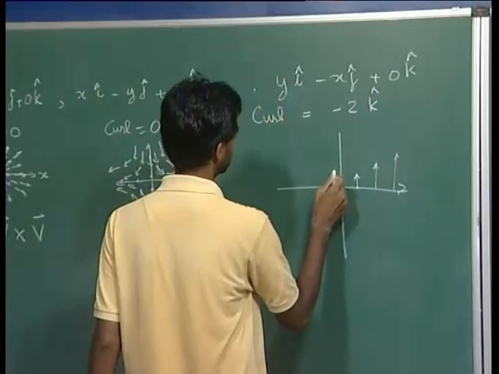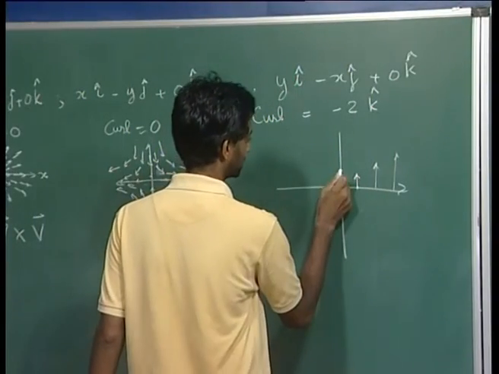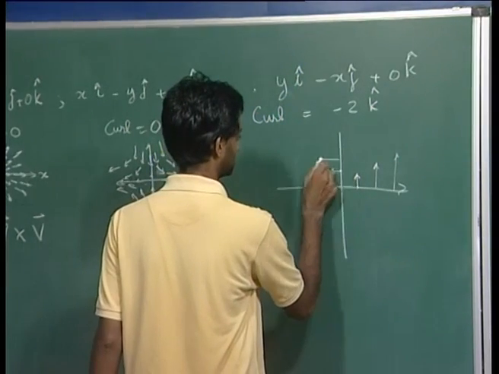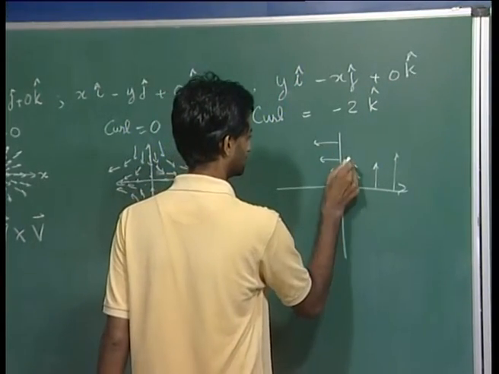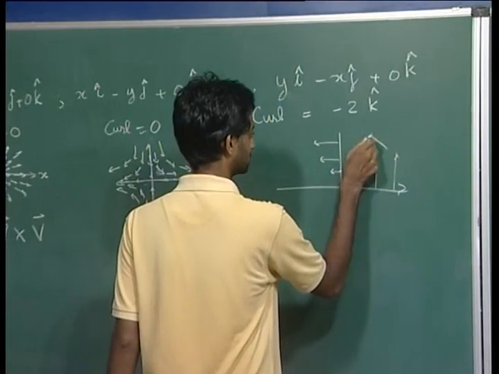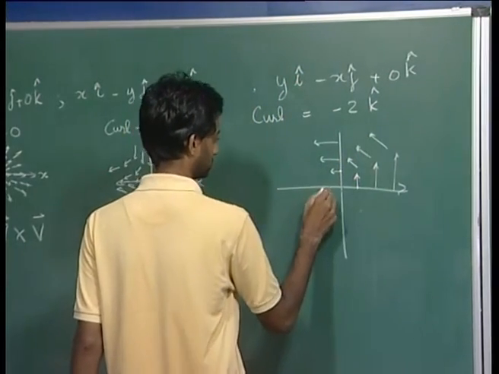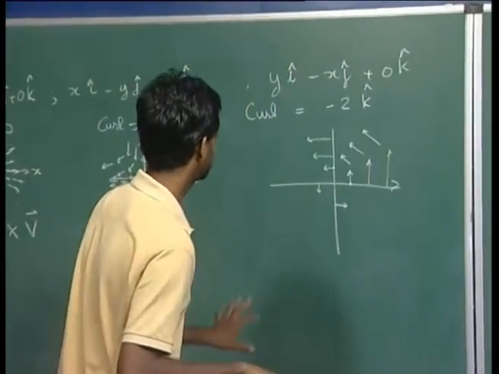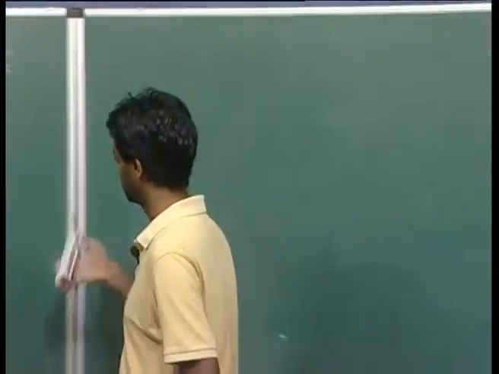Similarly, if you are here, then it points along minus x. So, you can show easily that in each direction it points this way, and this will point the other way.